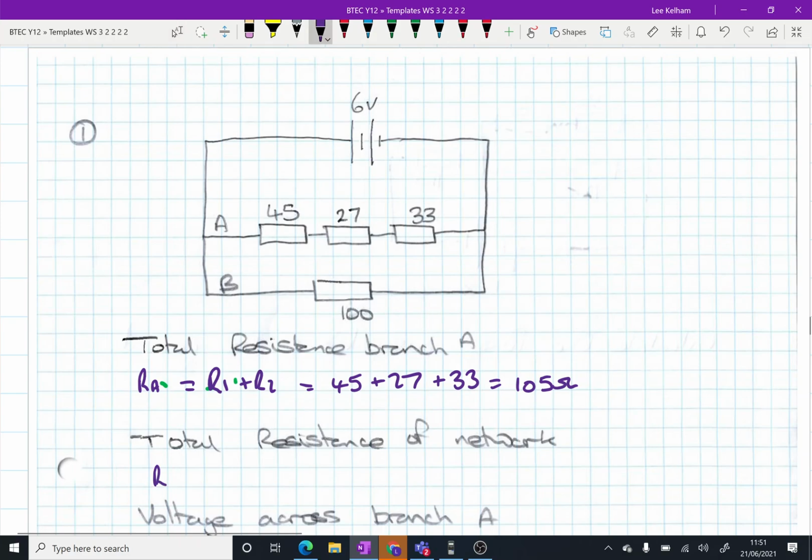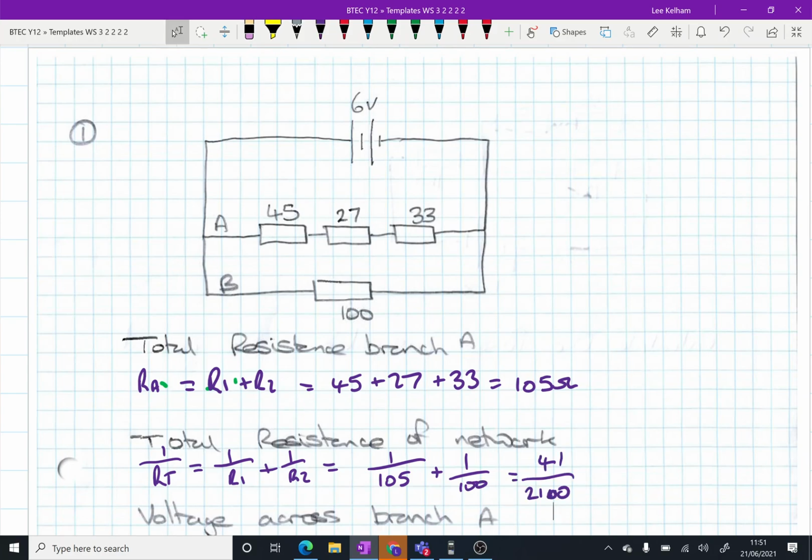So looking at our formula sheet again, 1 over our total resistance equals 1 over R1 plus 1 over R2. So we've got 1 over 105 plus 1 over 100. Okay, what does that work out to be? So that equals 41 over 2100.